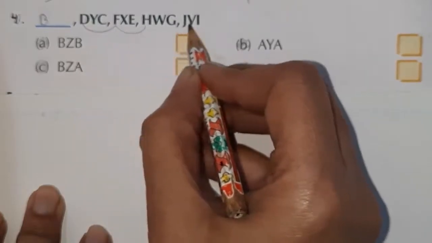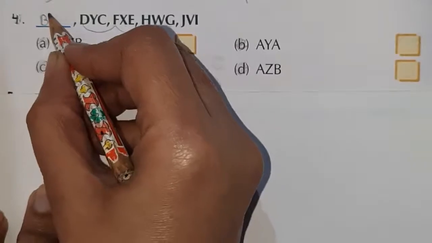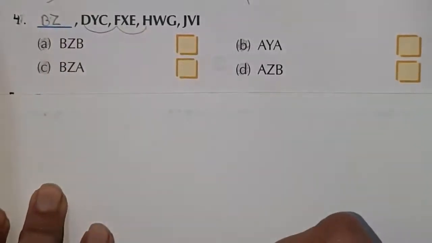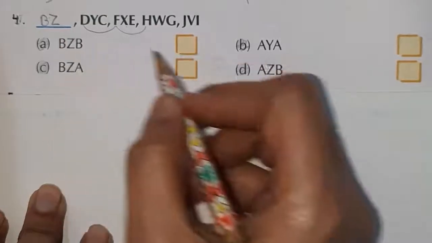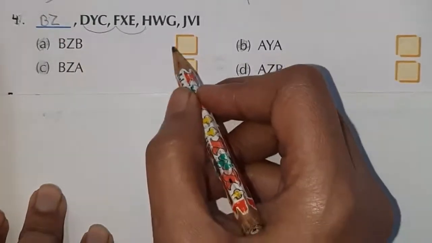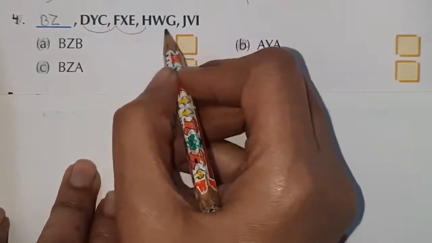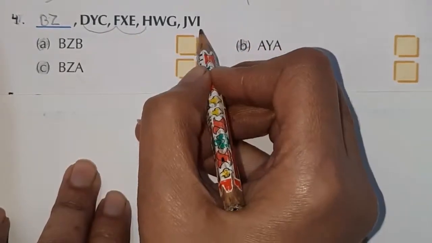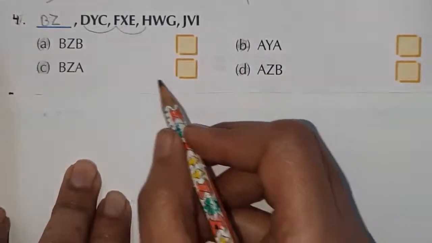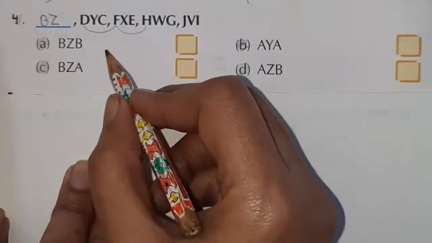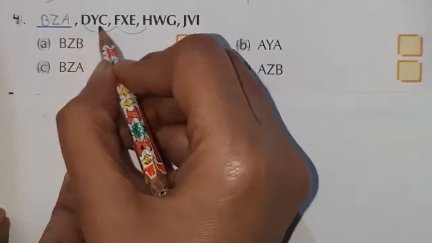V, W, X, Y, Z. Somewhere your alphabet series is going backward, somewhere it is going forward. Okay. Now C, E, G, I is forward. So which alphabet will be there? A will come. A. B is left.